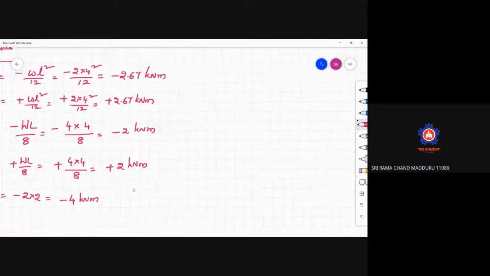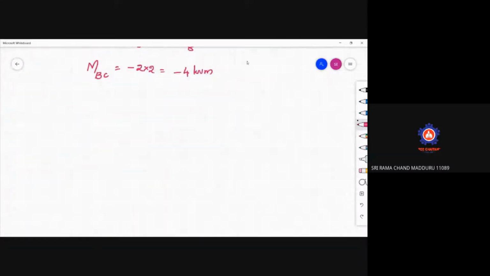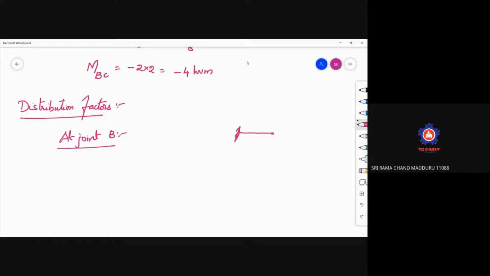Now we'll go with the distribution factors. At joint B, only joint B is there. First of all, at joint B, we'll write down the beams available.